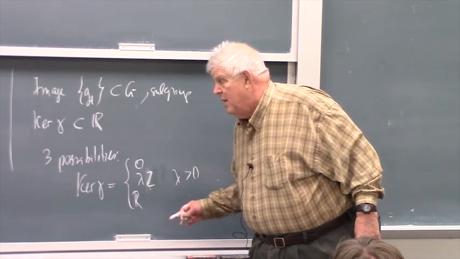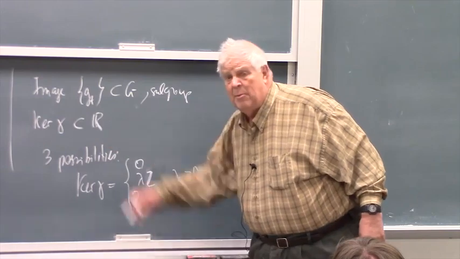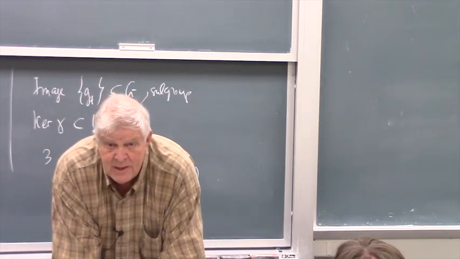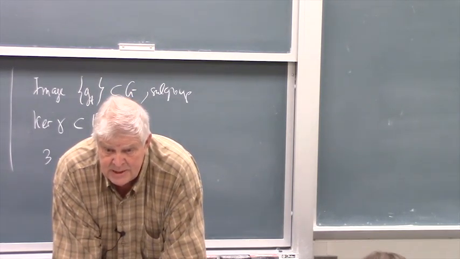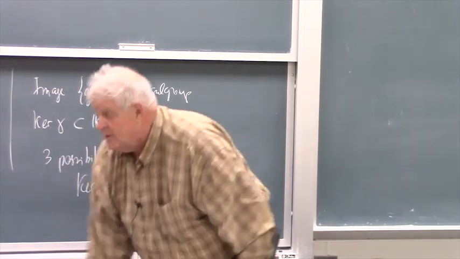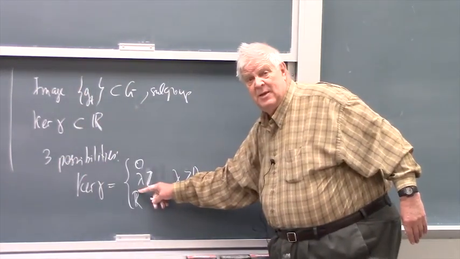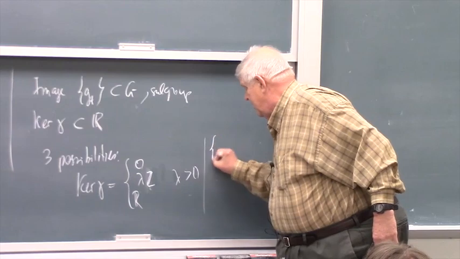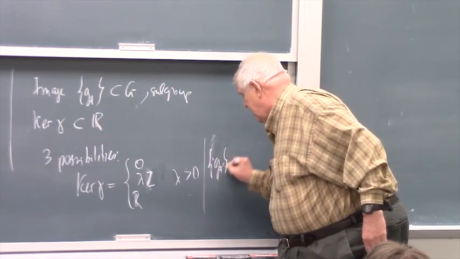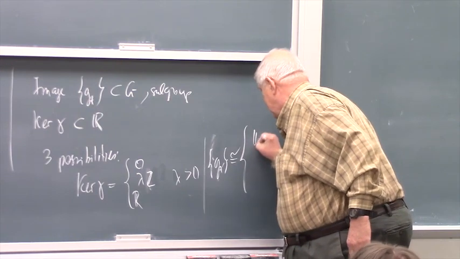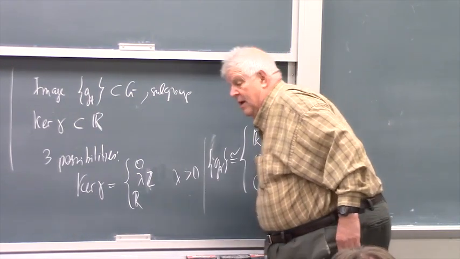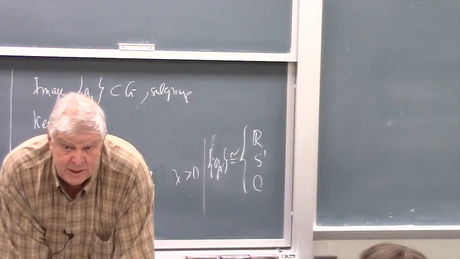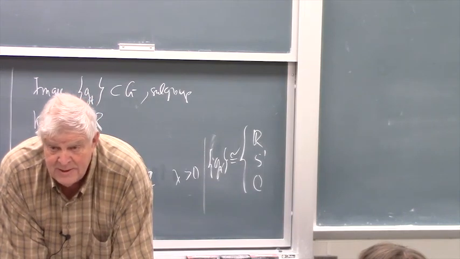Because it is a Lie homomorphism, if the velocity vector at 0 is not 0, then it is one-to-one on some neighborhood of 0. So there exists the smallest positive lambda which belongs to the kernel, and then it is lambda Z. The image g_t in these cases is either R, or a point, or in the intermediate case, a circle. Such a periodic map.